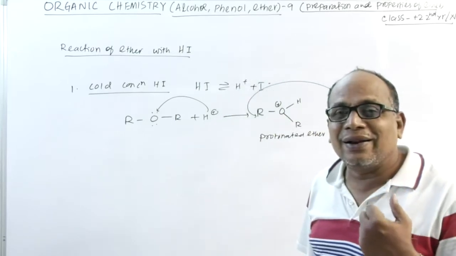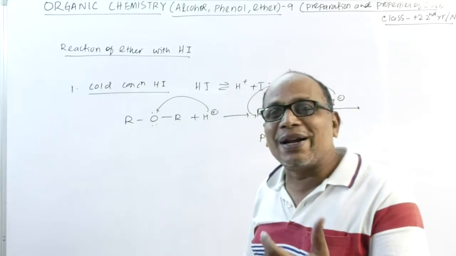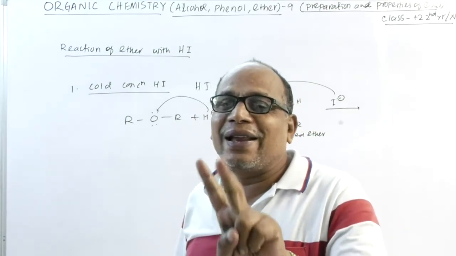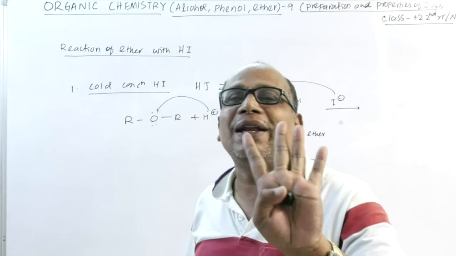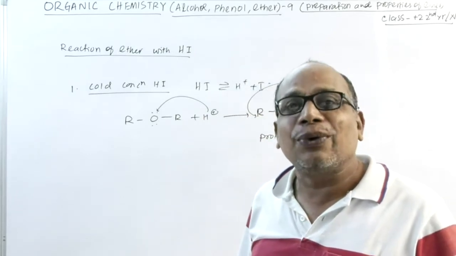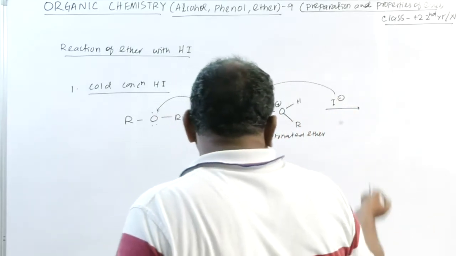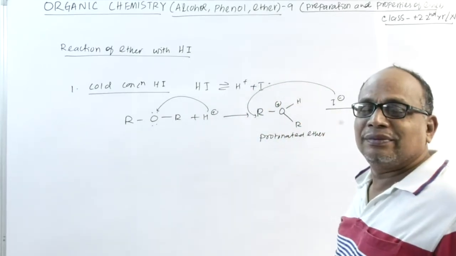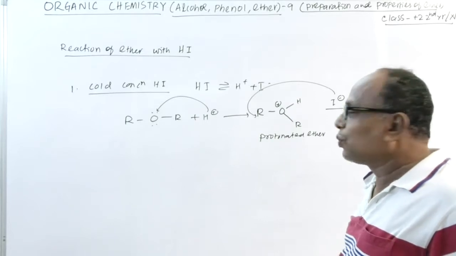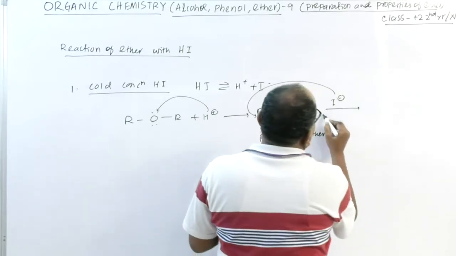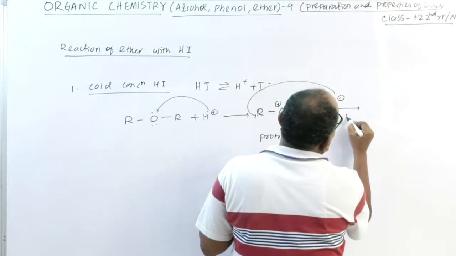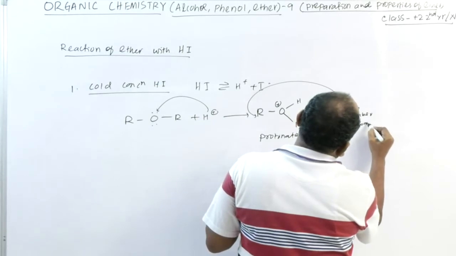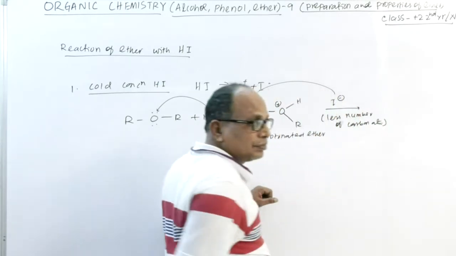You can say, sir, what if there are two different alkyl groups? In case of unsymmetrical ether, it contains two different alkyl groups. Which alkyl group will it attack? This is a very good question. So the I minus will attack the alkyl group having fewer carbon atoms.